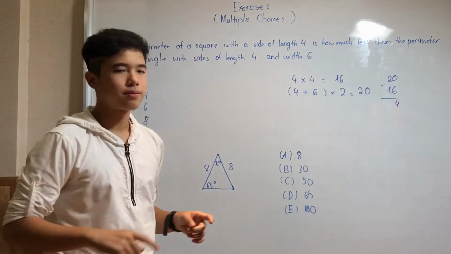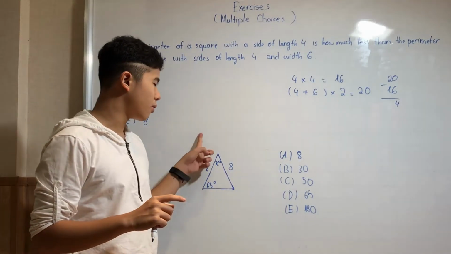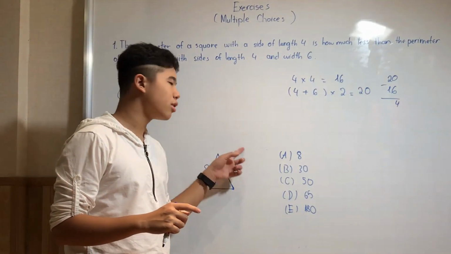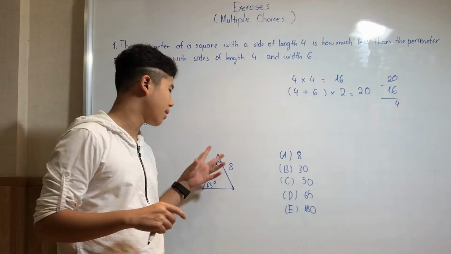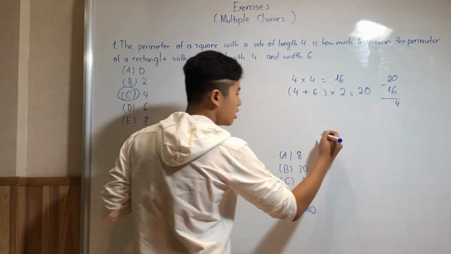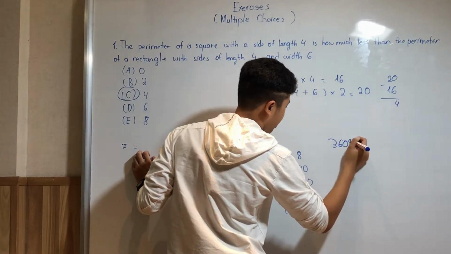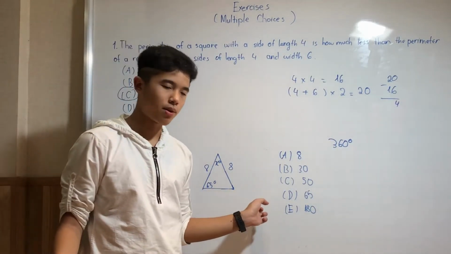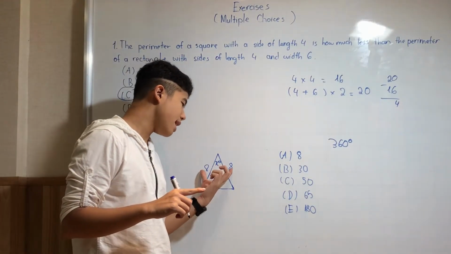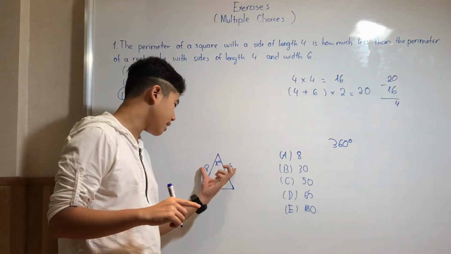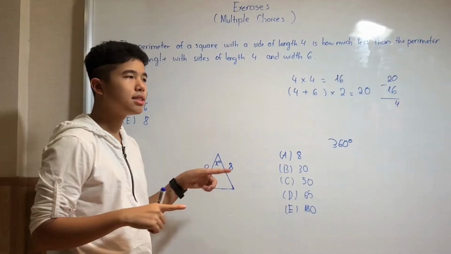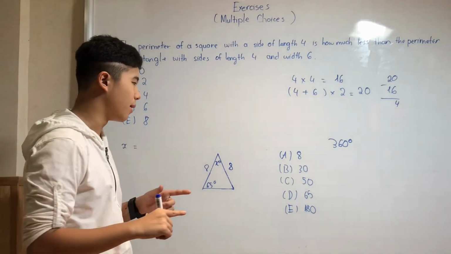So then we will think, the total of the angles in a triangle like this is 360. So 360 degrees. We have 65 degrees already. If 8 and 8, 2 of these sides are equal, this is an isosceles triangle.